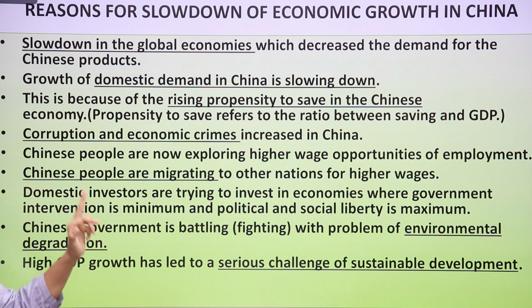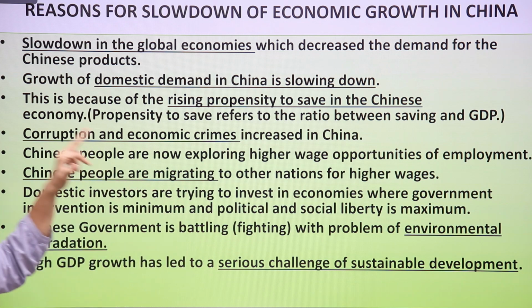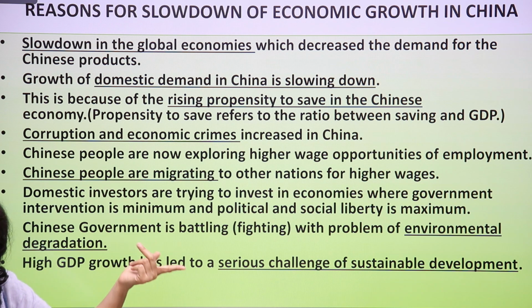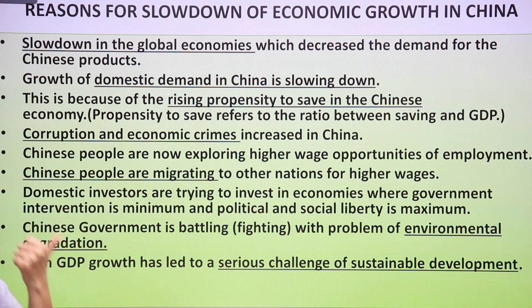Their domestic investors are trying to invest in economies where government intervention is minimum and political and social liberty is maximum. You might have read in reports that the Chinese government intervenes at a very high rate. It intervenes like hell. It does not let private sector entrepreneurs and businessmen work according to their desires or needs.